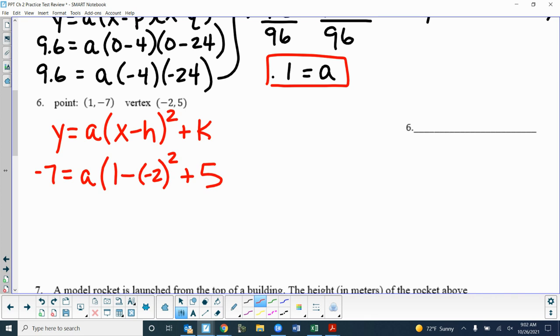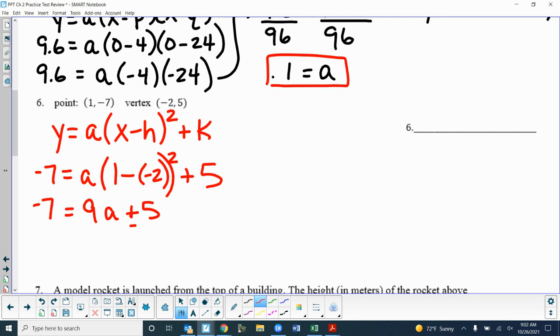What happens there with 1 minus negative 2? That's a positive. I forgot an extra parenthesis here, sorry. That makes a difference. So that's 1 plus 2, which is what? 3, and what's 3 squared? 9. So this is negative 7 equals 9a plus 5. Because I added the 2 to get the 3, and then I squared it. Got to do what's in parentheses first, right? Then do the exponent.